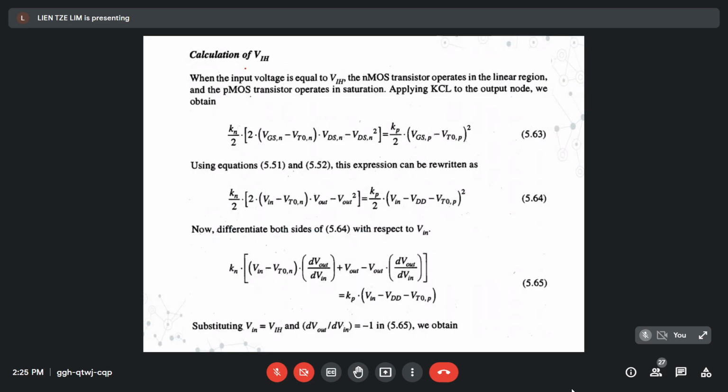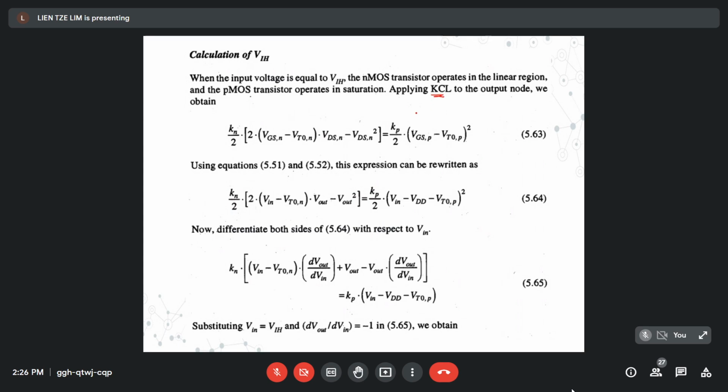For the calculation of VIH, again there is another formula. These are also equations used to derive the formula, and the derivation is similar to the ones I explained before. If you study back, you will learn that all this derivation is based on Kirchhoff's current law.